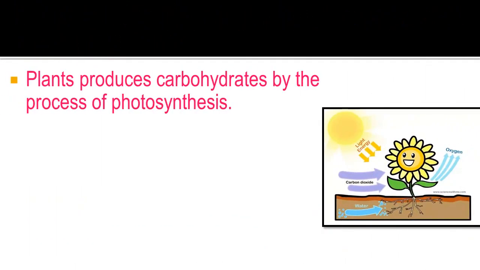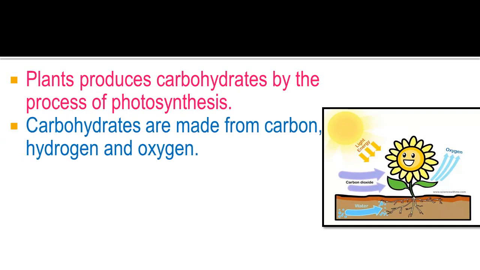Plants produce carbohydrates by the process of photosynthesis. That means they prepare their food in the presence of sunlight. Carbohydrates are nothing but glucose, the plants' food. Carbohydrates are made from carbon, hydrogen and oxygen.